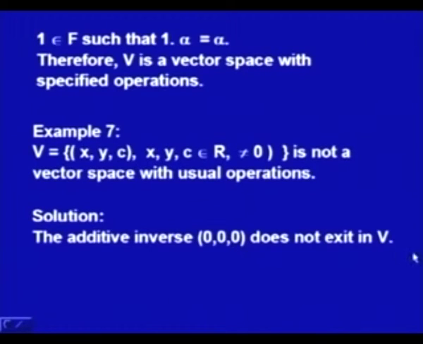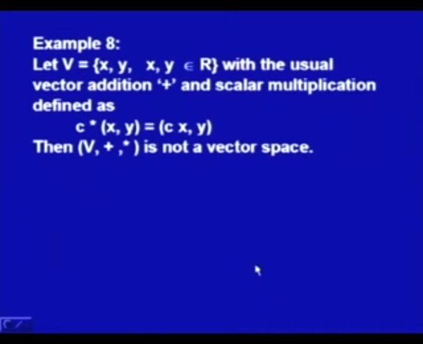This does not belong to V, because if it has to belong to V, then the third component must be c, and c is not 0. So, 0 0 0 cannot belong to V. Because of this reason we can say that x, y, c is not a vector space with usual operations.